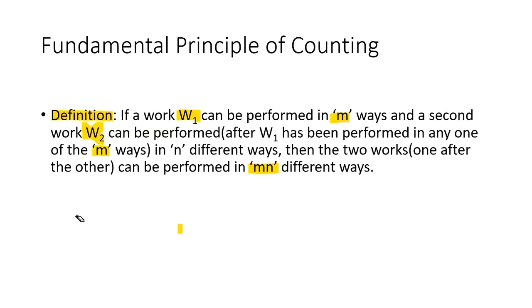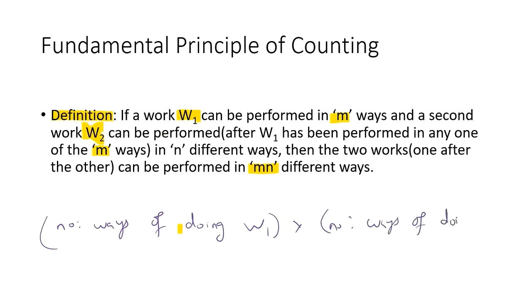That is, number of ways of doing W1 times number of ways of doing W2, which is m times n.